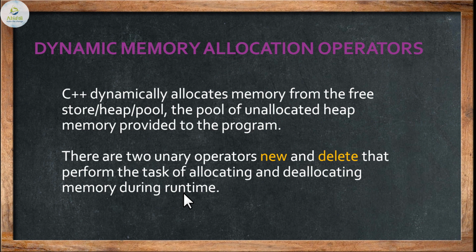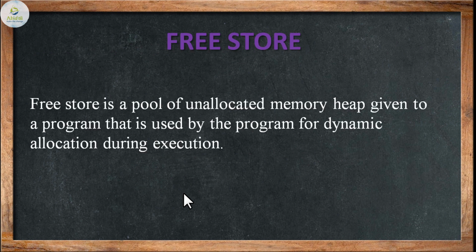So we will talk about how the new operator and the delete operator allocate and deallocate the memory space. Before going to the allocation and deallocation, let us talk about the common definition that we have, which is the free store.